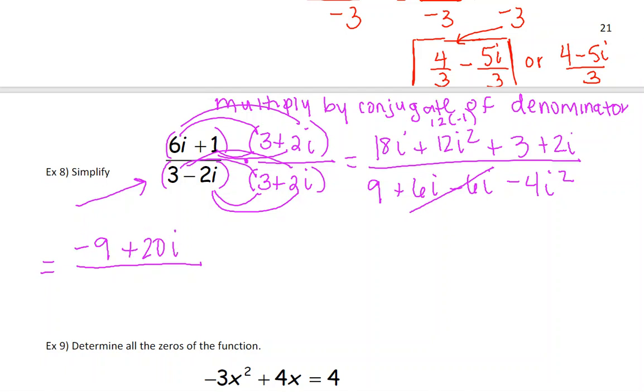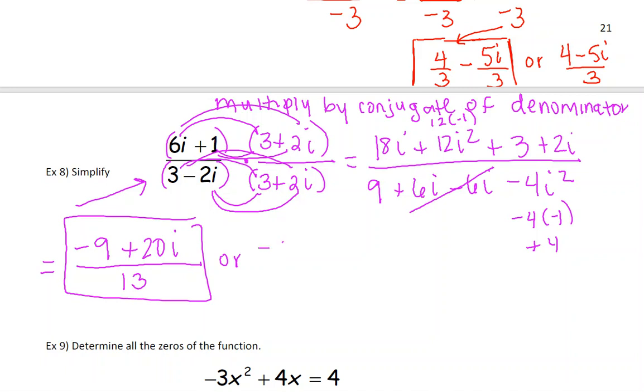The denominator, I know that -1 is equivalent to i squared, so this becomes a plus 4. And so then I'm basically taking the 9 plus 4, which is the 13. You can leave it like that, or going along the lines of writing it in 2 separate pieces, a plus bi.